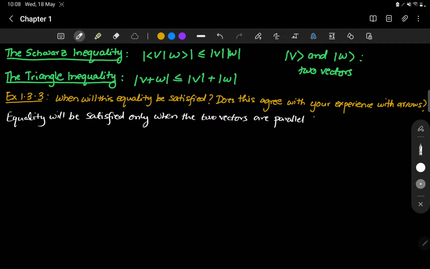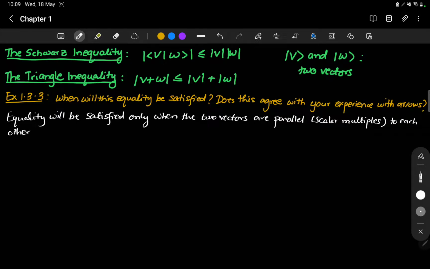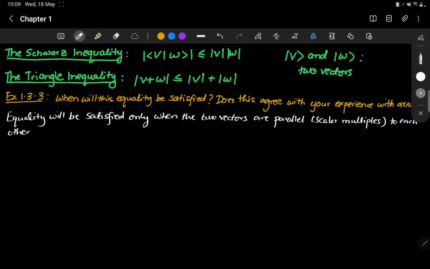Parallel meaning scalar multiples of each other. So the equality will be satisfied only when the two vectors are parallel to each other or scalar multiples of each other. Now, why do we say this? Let us see if this is indeed the case.